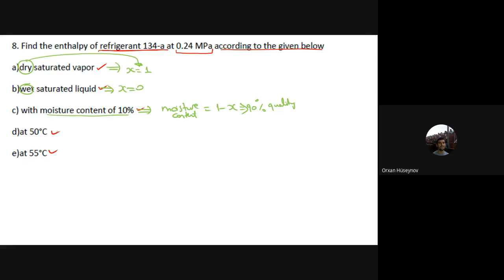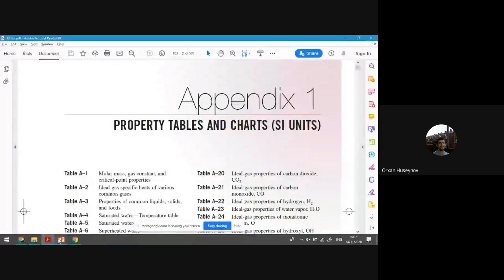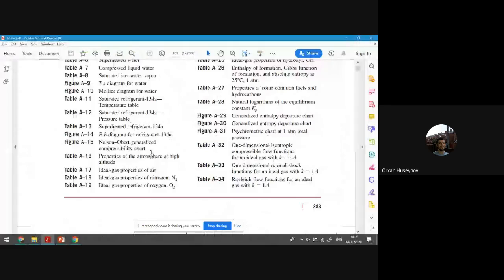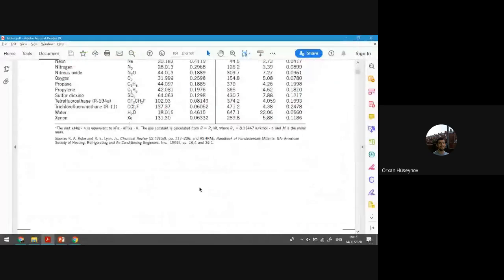Okay, so then at 50 degrees Celsius, this is the next one, and the 54. Let me firstly open the table and find the values there. If I go back to the table values, let's see.